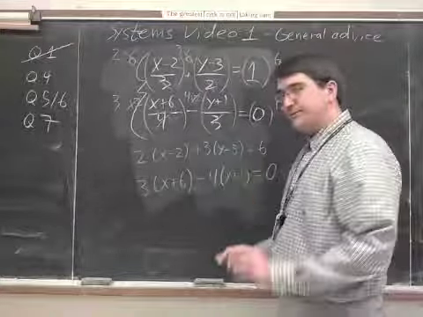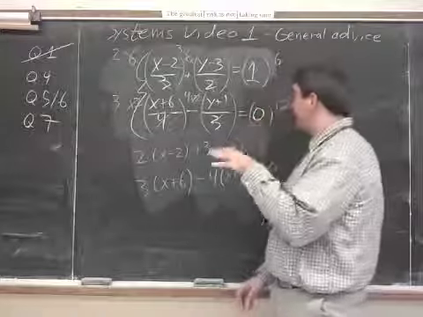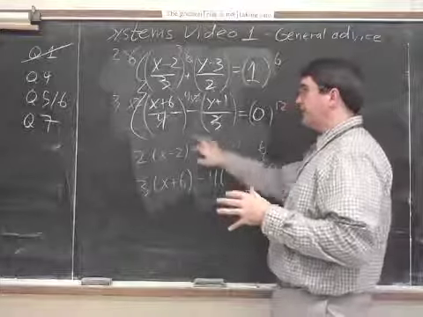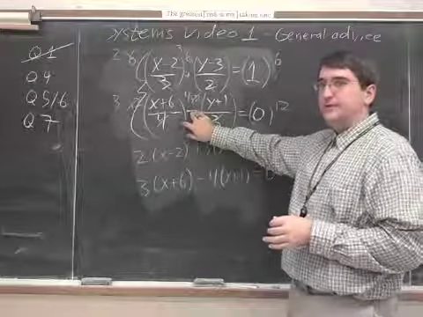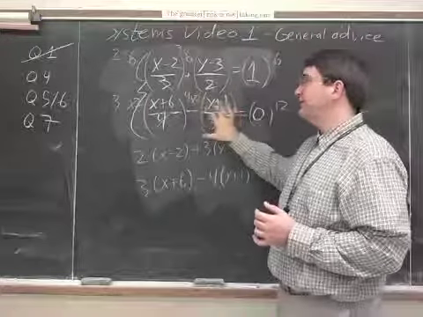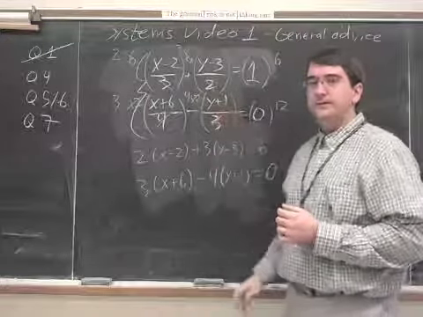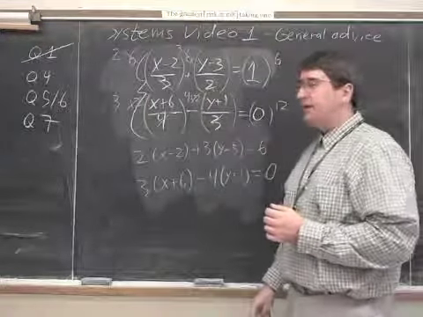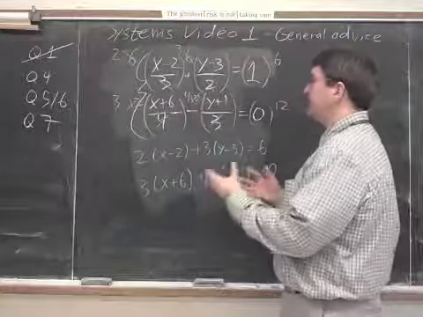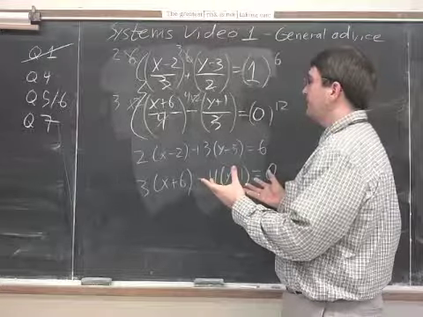Now, there's a really important thing here that I've seen a lot of students get mixed up about, and it's this minus sign. You really have to be careful with this minus sign, especially when you're dealing with fractions, with stuff in the numerators like this. You can't ignore it.